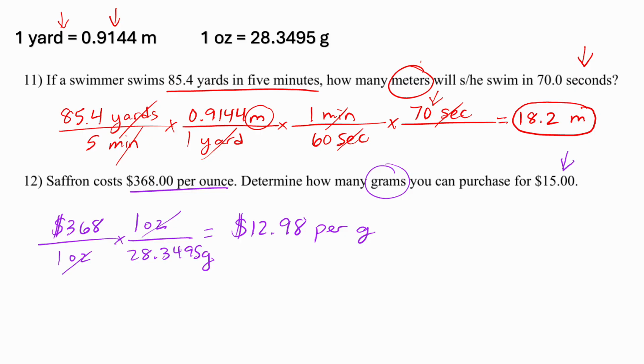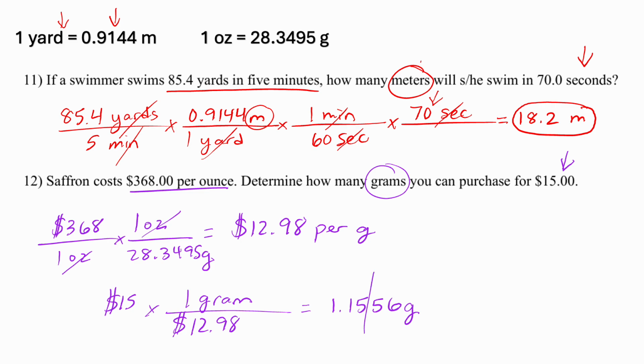So if I'm coming into the store with $15 and I know that for every 1 gram it costs $12.98, that means I can take my 15 divided by 12.98 and that means I can buy 1.1556 grams. And again, if you want to do 3 sig figs, that does round up. Your final answer would be 1.16 grams for that $15.